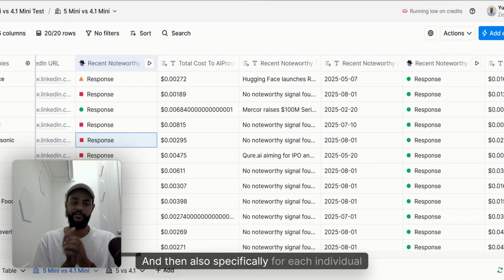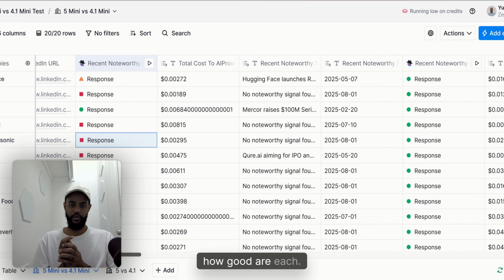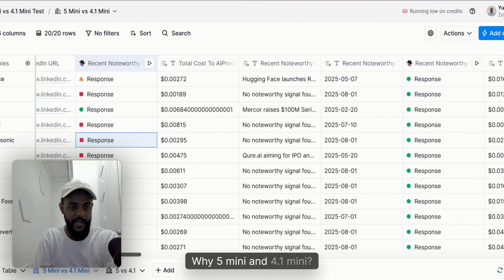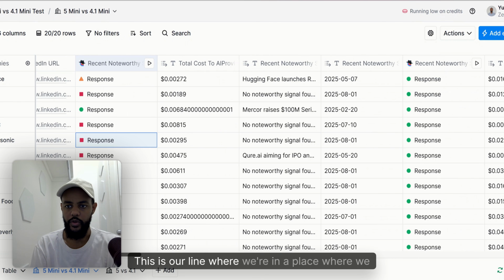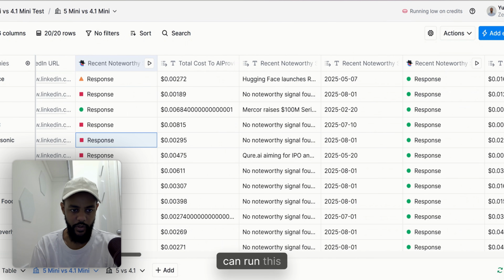And then also specifically for each individual search, how good is each? Why 5 mini and 4.1 mini? This is what we use. At our volume and the context window we're given, this is our line. We're in a place where we can run this at scale for mini versus nano.